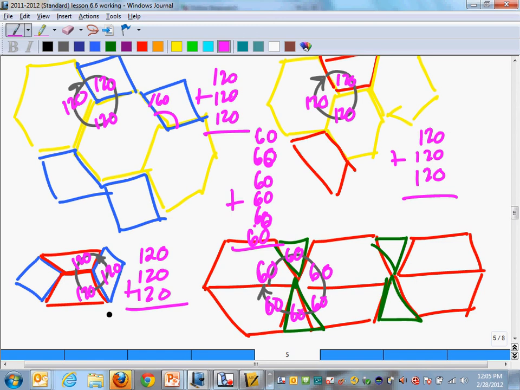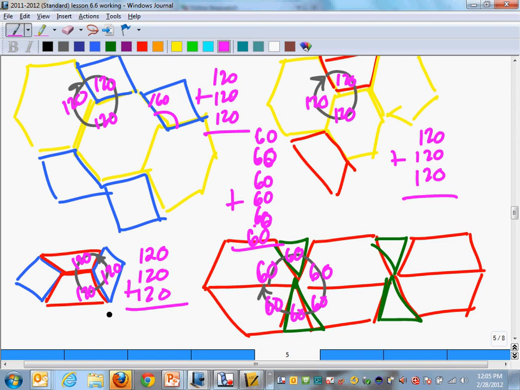So they add up to what? 360. Bingo. Alrighty guys, you should notice a semi-regular tessellation also adds up to 360.